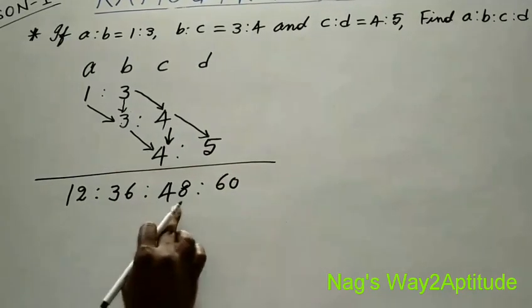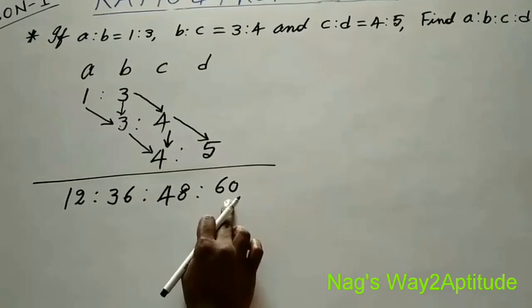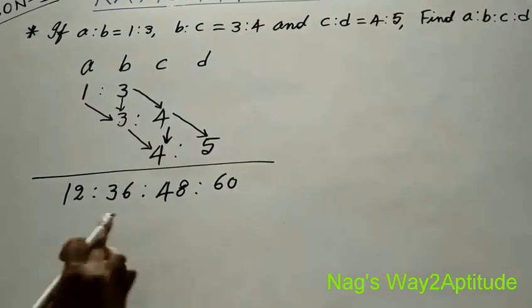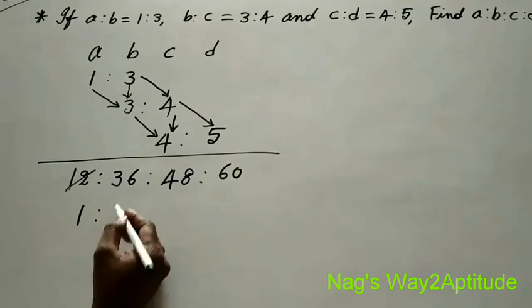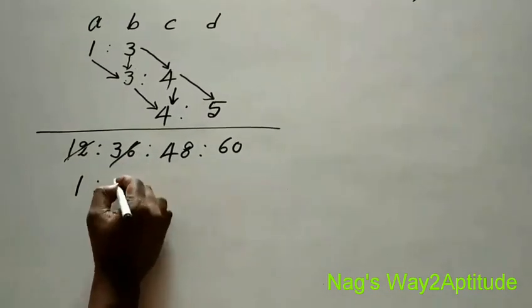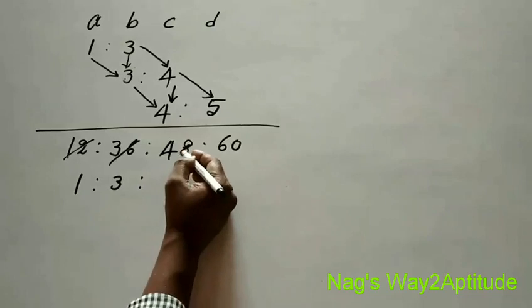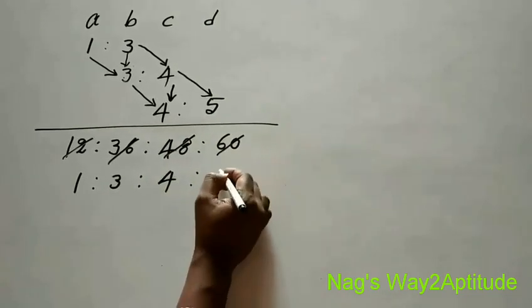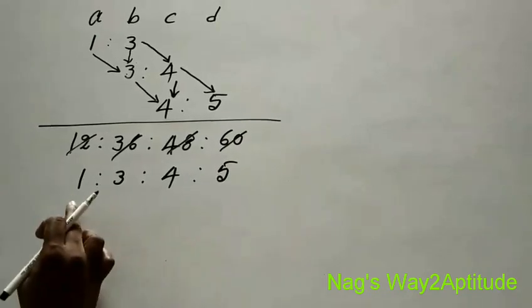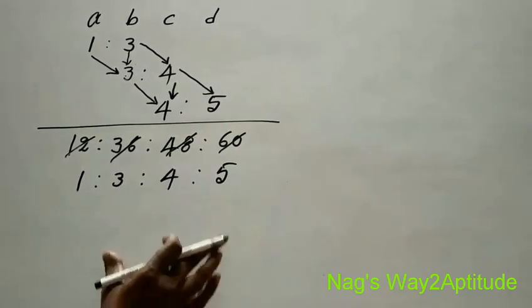So you got 12 is to 36 is to 48 is to 60, and in all these terms you can cancel 12 table. 12 takes 12 1 time, 12 takes 36 3 times, 12 takes 48 4 times, and finally 12 takes 60 5 times, and the answer is 1 is to 3 is to 4 is to 5.